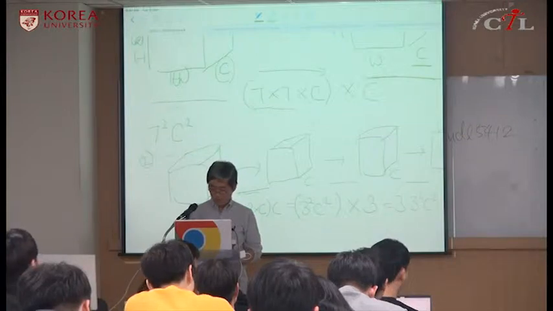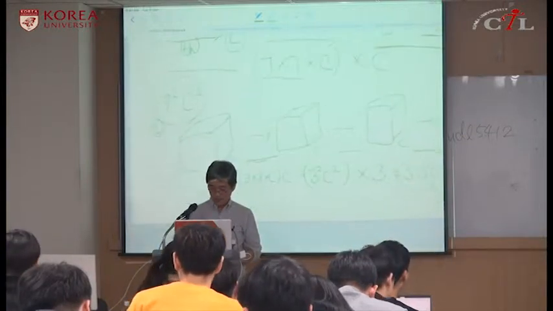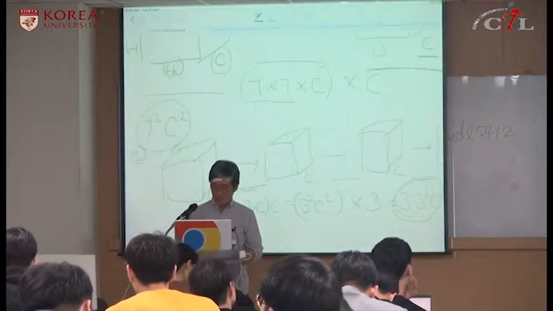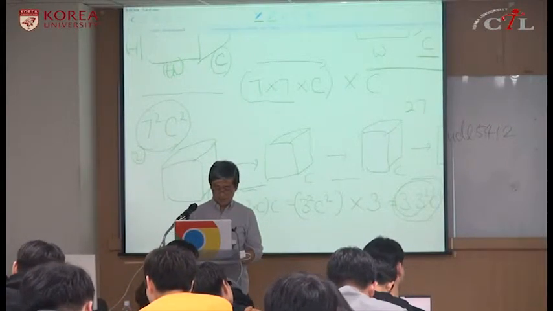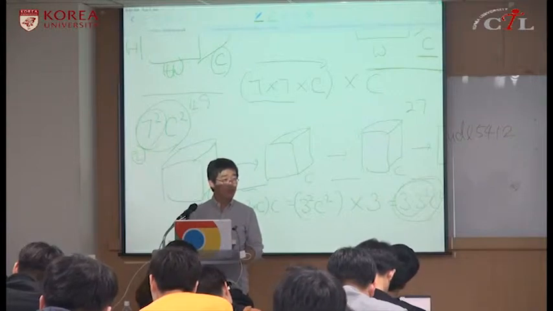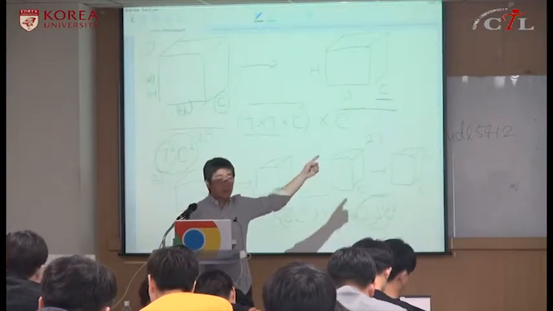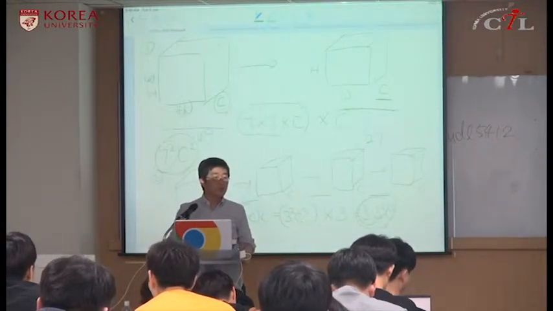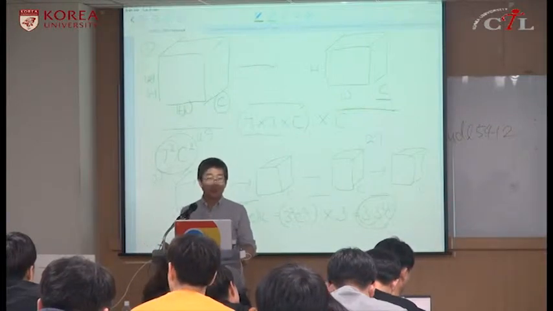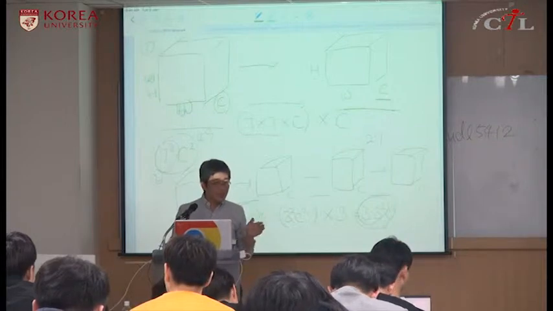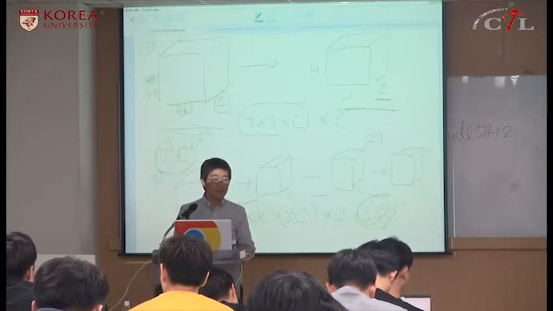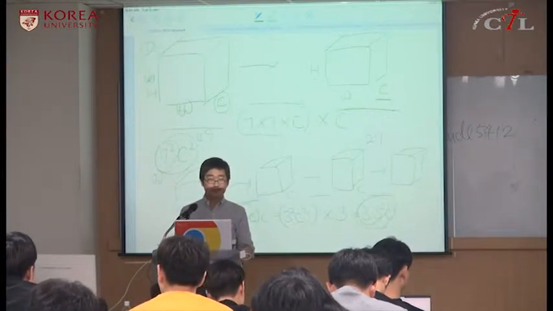If we compare these two numbers, this one is 27 and this one is 49. So we can see that the first scenario requires many more parameters than the second scenario. Again, the assumption is that we want to maintain the same receptive field size.